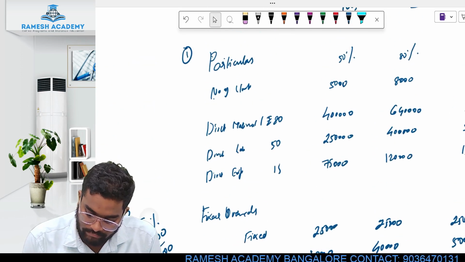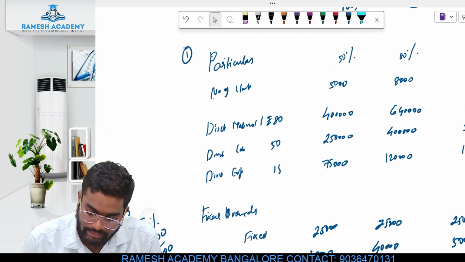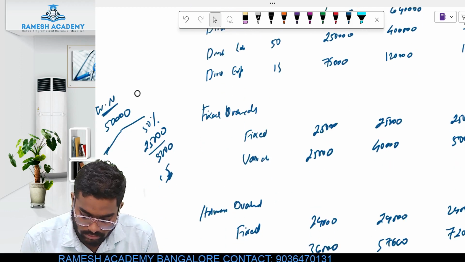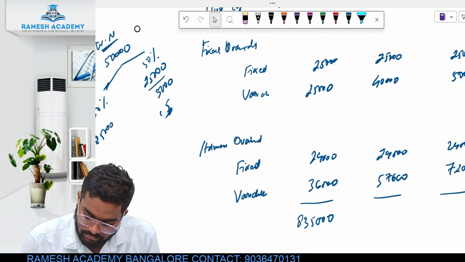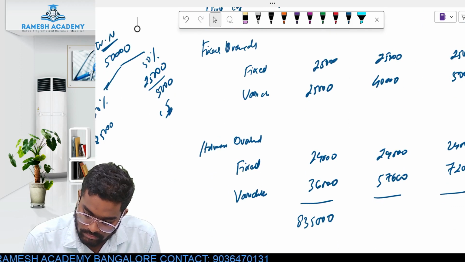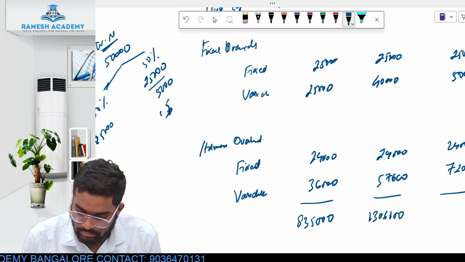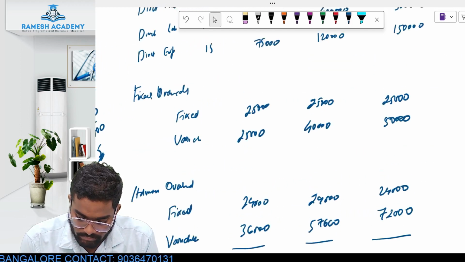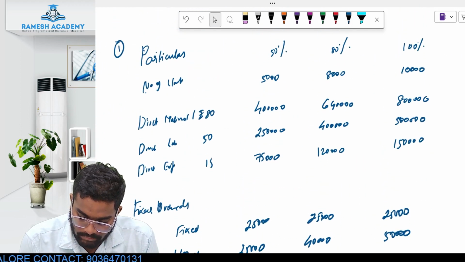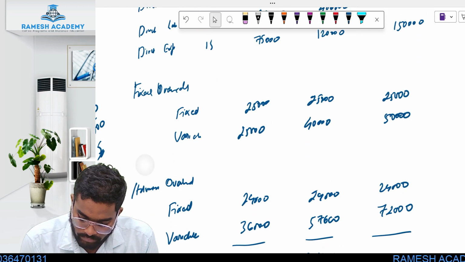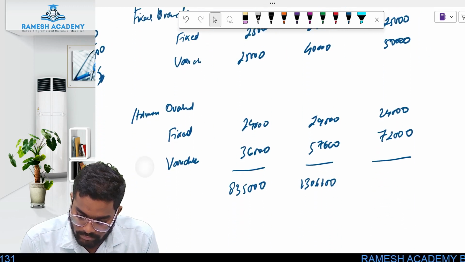Here it is 6 lakh 40 plus 4 lakh plus 1 lakh 20 plus 25 plus 40 plus 24 plus 57,600. So 13 lakh 06,600. Okay, next we have 8 lakh plus 5 lakh plus 1 lakh 50 plus 25 plus 50 plus 24 plus 72, 16 lakh 21.